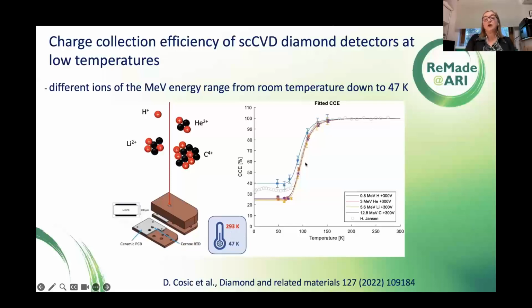So by lowering the temperature and using different ions, you can see that this also depends on the ion, and that it will not decrease equally for every ion, but will be drastically reduced from 100% to 40 and 30%.